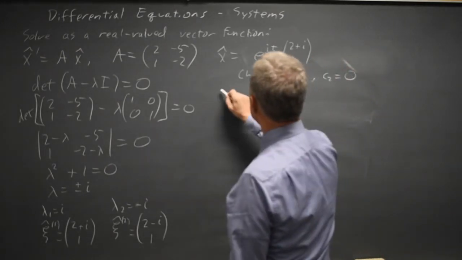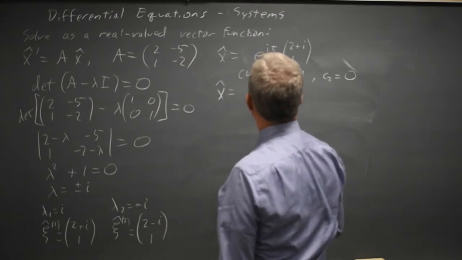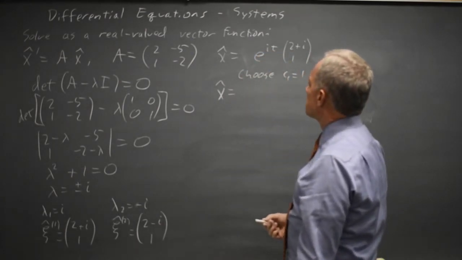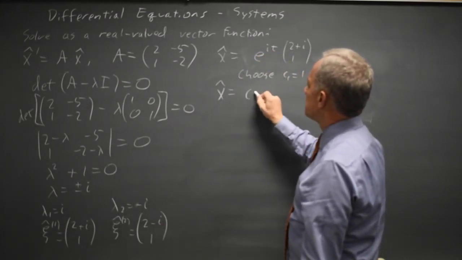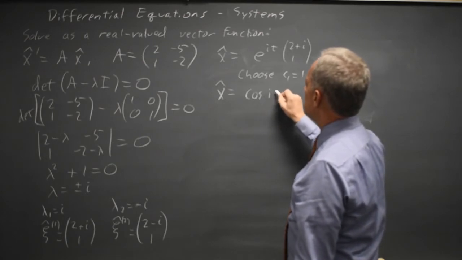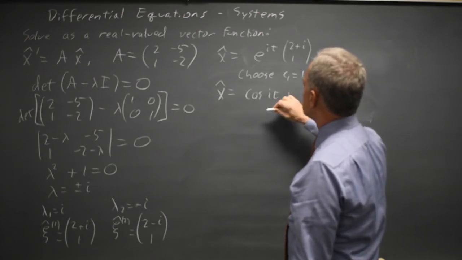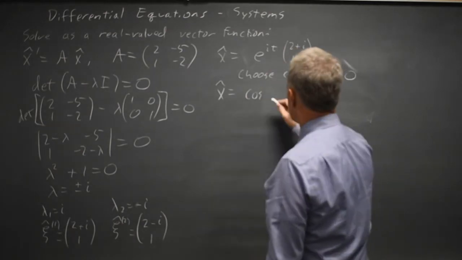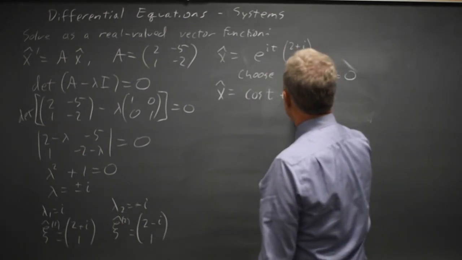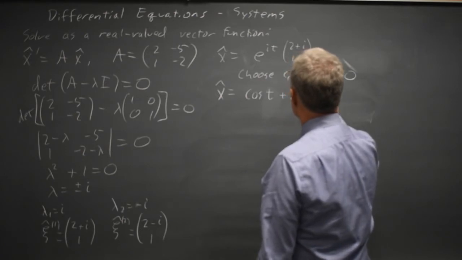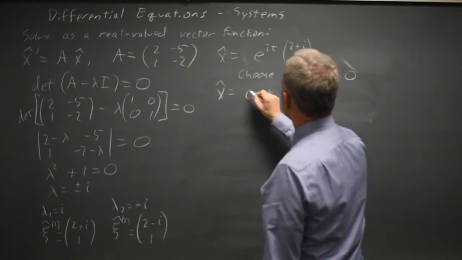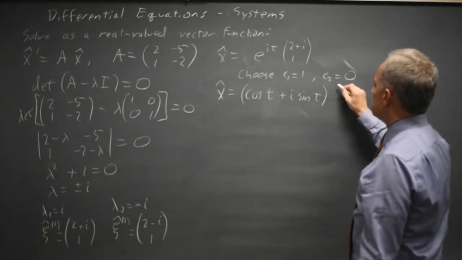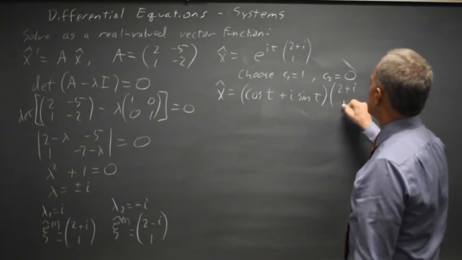So I have my solution x is, by Euler's formula for e to the it, cosine t plus i sine t, times [2 plus i, 1].